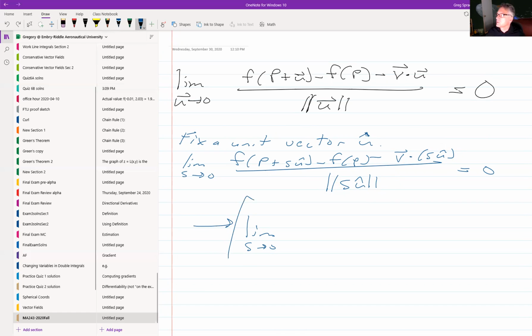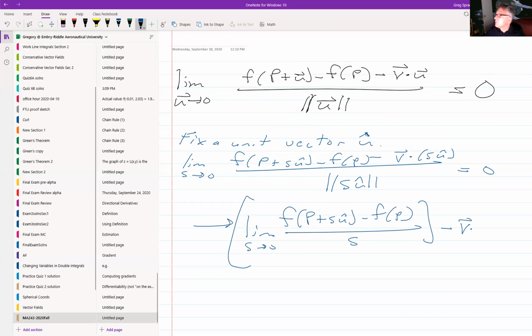So this simplifies to the limit as s goes to 0 of f of p plus s u minus f of p, all over s, because u is a unit vector, minus v dot u equals 0. So v dot u is the derivative of f in the u direction at p. Okay, so I just justified the way that we compute directional derivatives.